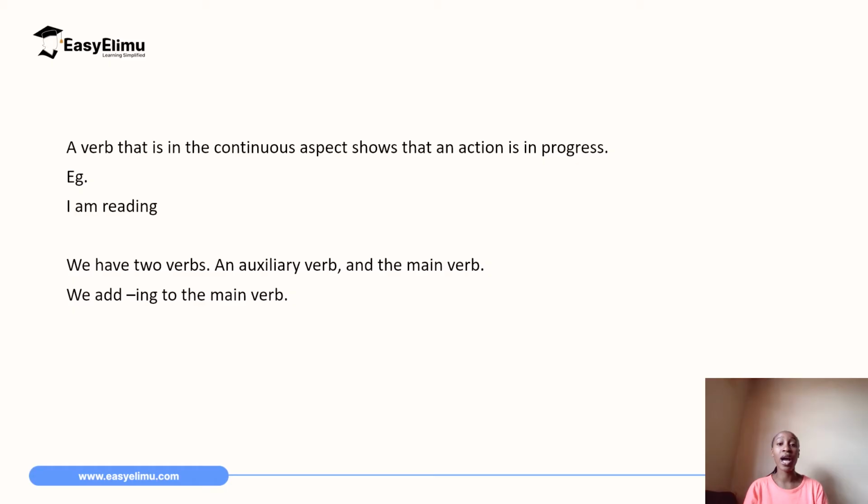And we add ing to the main verb. So you can't say I am read or you are read, we are sleep. No. You have the auxiliary, then you add ing to the main verb for it to make grammatical sense. So you can say we are learning, we are sleeping, we are talking, we are walking.